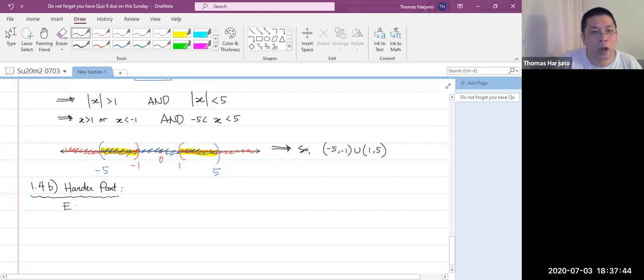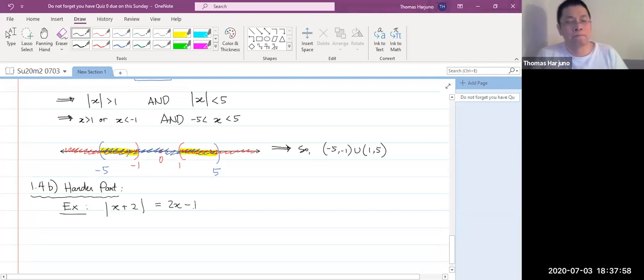For example, how do we solve the question that I showed you yesterday, absolute of x plus 2 equal to 2x minus 1. That's what we had yesterday.